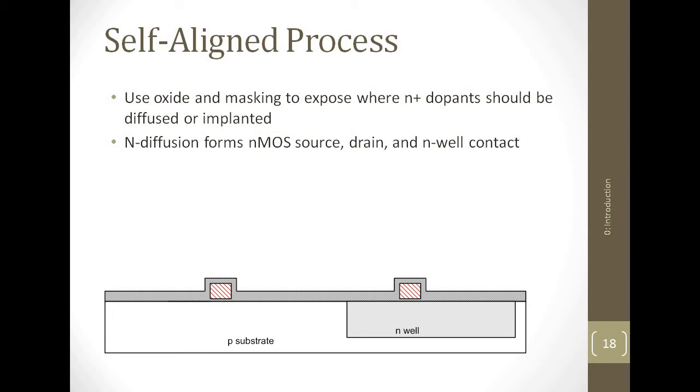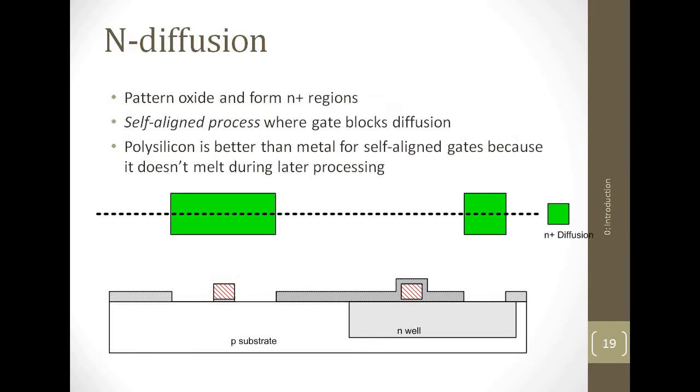N diffusion forms the NMOS source, drain and N-well contact. N diffusion, pattern oxide and form N+ regions. Self-aligned process where the gate blocks diffusion. Polysilicon is better than metal for self-aligned gates because it doesn't melt during later processing. So this is one of the advantages. So that's why we use polysilicon.